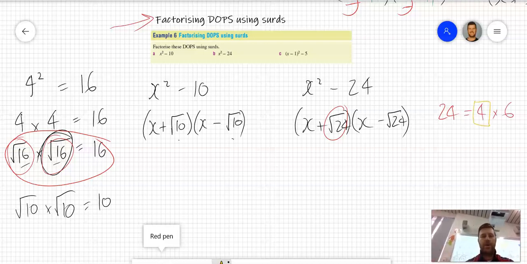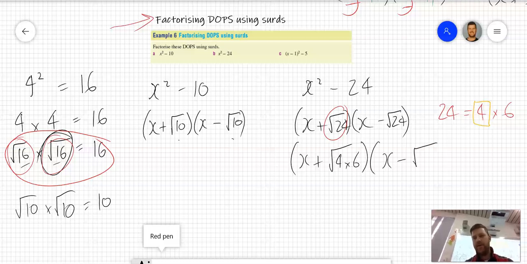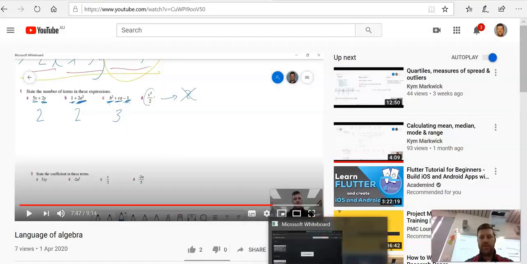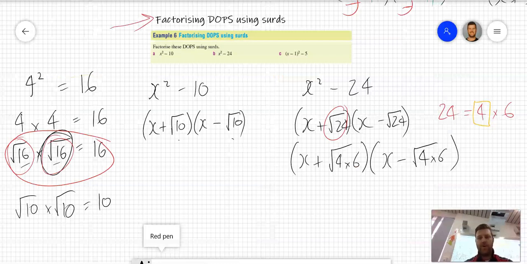So what we're going to do is write x plus, if we wrote this like this, square root of 4 times 6, x take square root of 4 times 6. We know that the square root of 4 is 2.